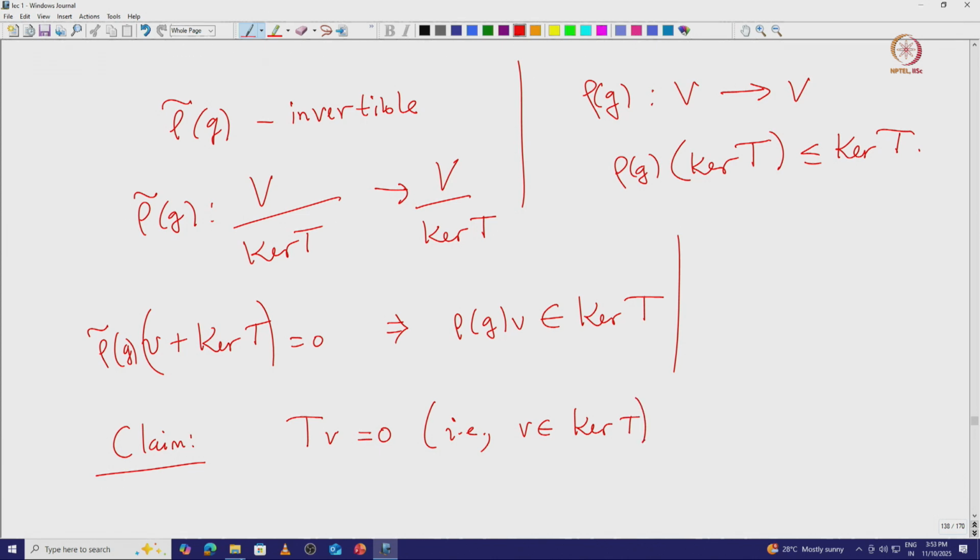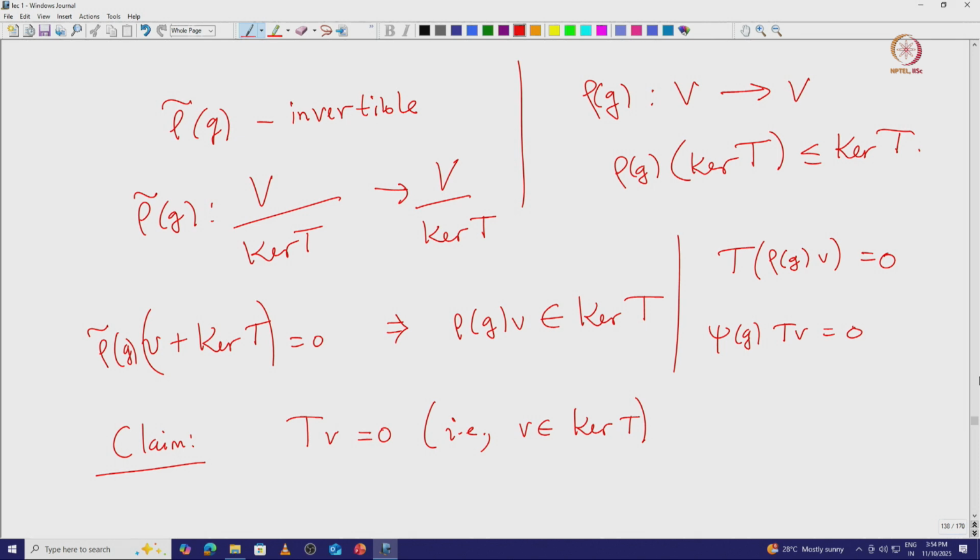Okay, so how do we check this? So, we can actually check that T of rho G V is indeed 0. Okay. So, that means we get xi G T V is 0.